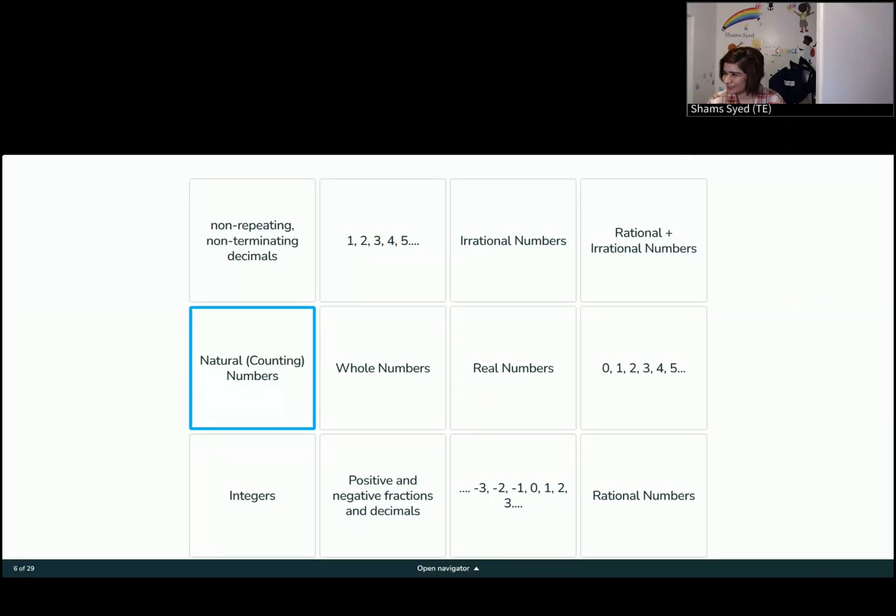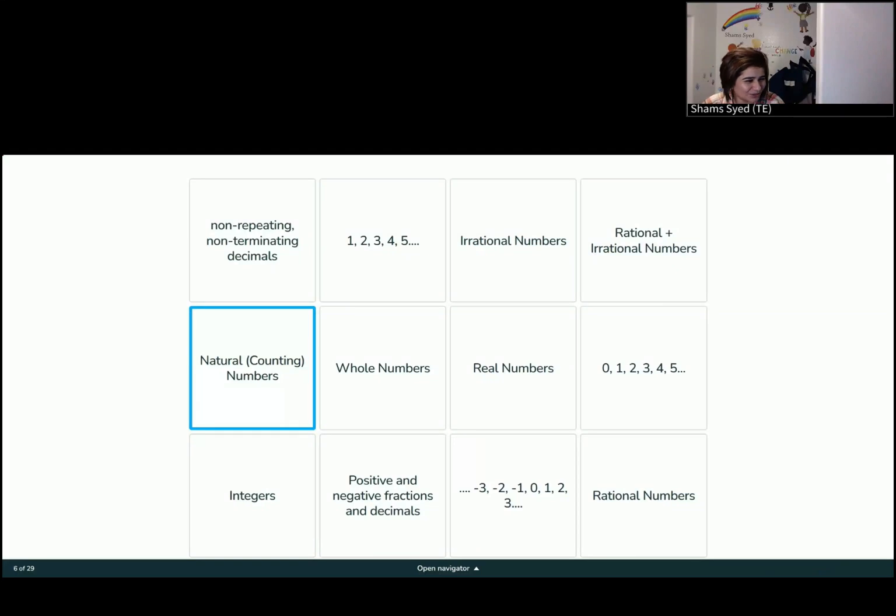I'll allow you. Let's talk about natural numbers. They are also called counting numbers. Kathy, are you ready to share with us natural and counting numbers? Everybody is thinking.